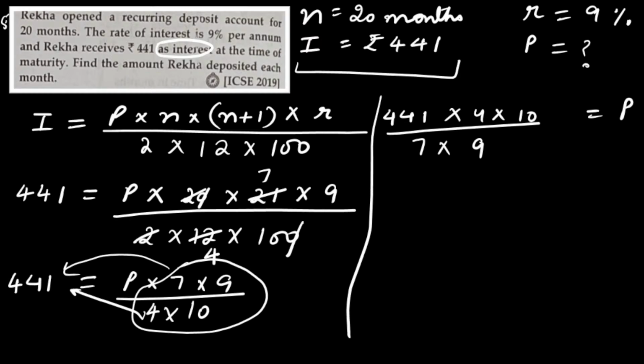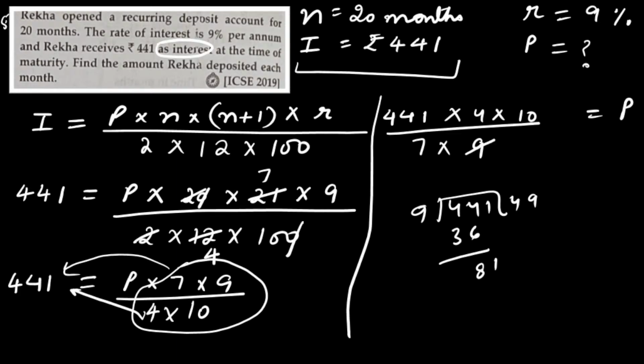Even Nikita and Sajila have given the answer. Matthew has also given the answer. Let's see. First of all, cancellation. 441, we can do cancellation with the table of 7 or the table of 9. I think on both we can do. 9 into 4 is 36, so 81, 9 into 9.